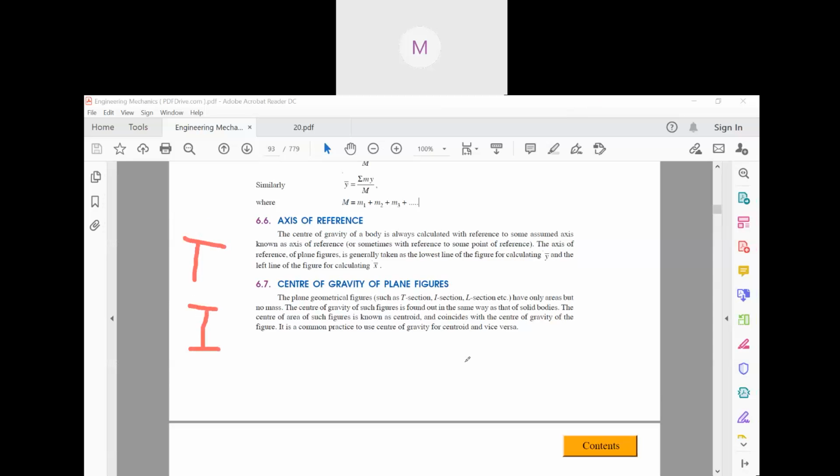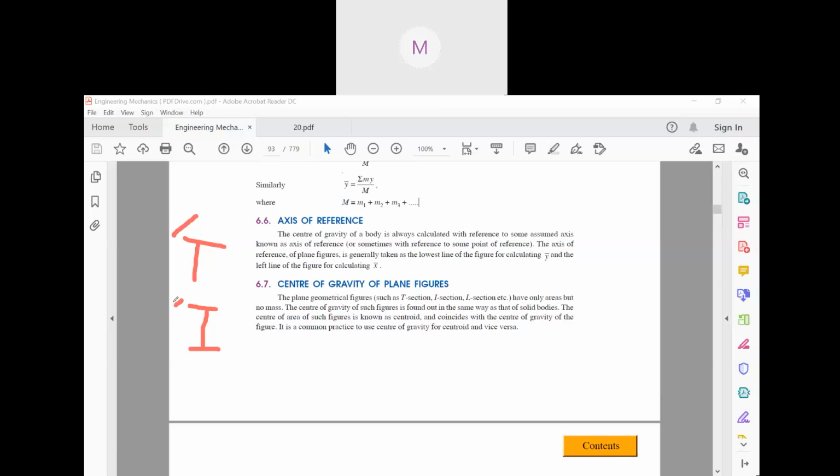So how will you find out? Now these sections have only areas but not mass, because these are only plane sections in 2 dimensions. So the center of gravity will be found in the same manner as for solid bodies.